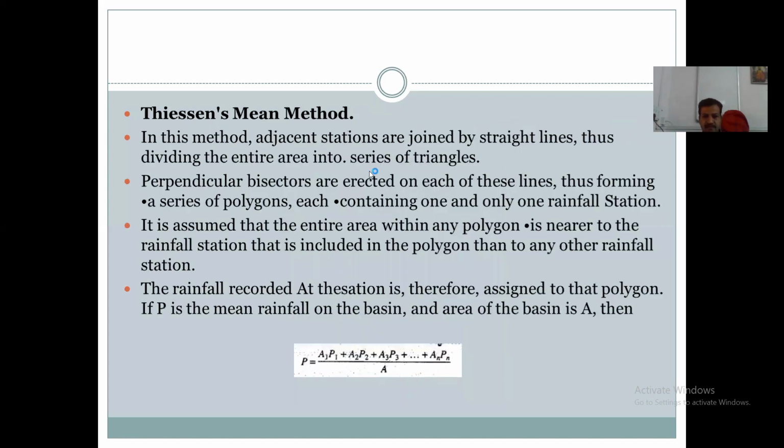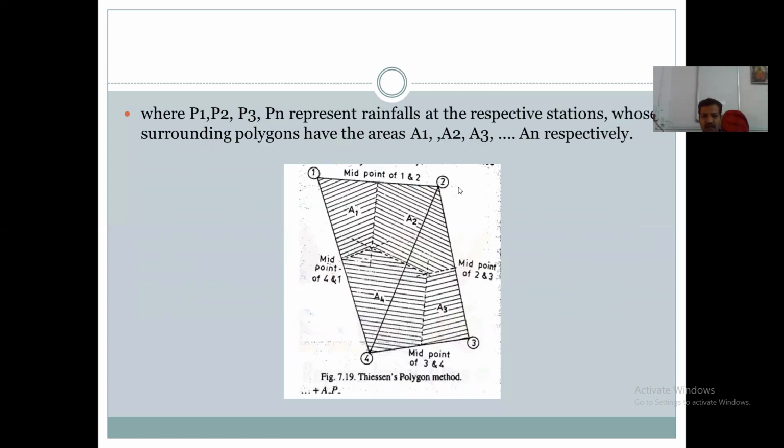See, the first rain gauge station is 1, the second is 2, the third is 3, the fourth is 4. These 1, 2, 3, 4 are the rain gauge stations. These are joined together by straight lines: 1 to 2, 2 to 3, 3 to 4, 4 to 1.